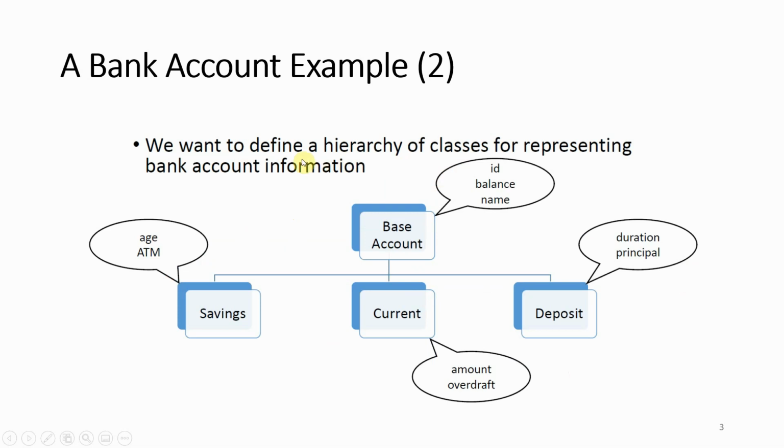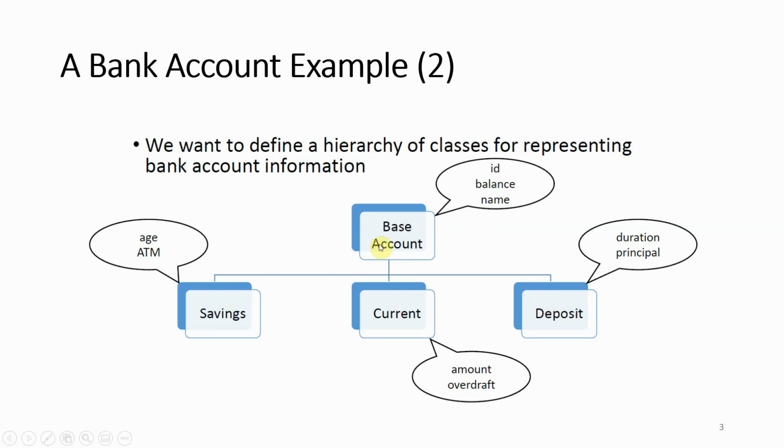If we want to define a hierarchy of classes for representing bank account information, for a base account, for any bank account, you might need an ID, your balance, and the name of the account holder. But in subcategories, you might have additional member variables.